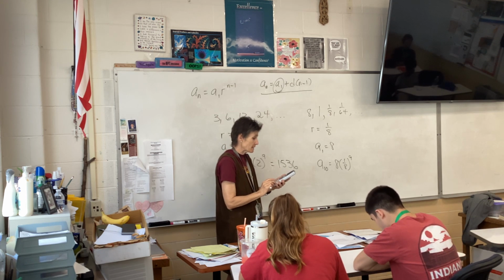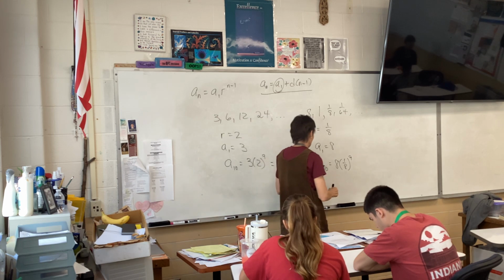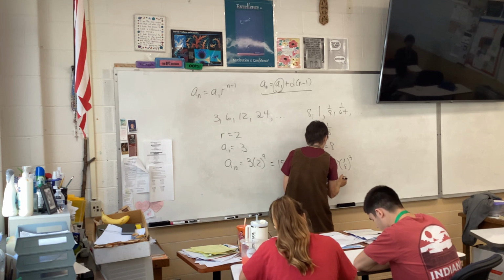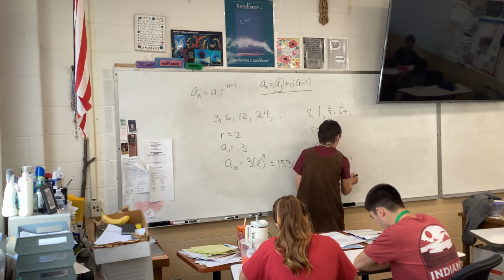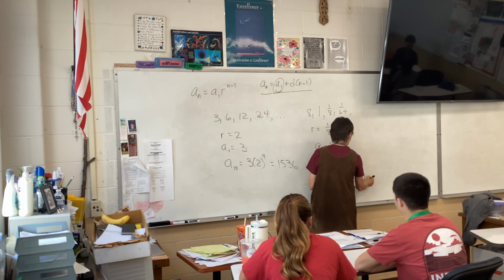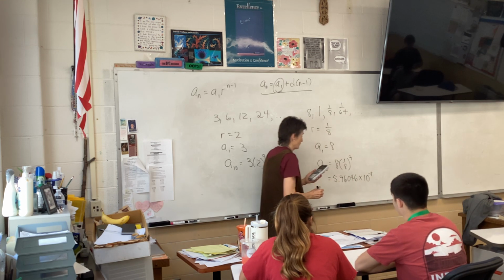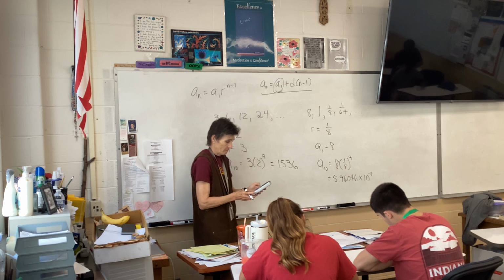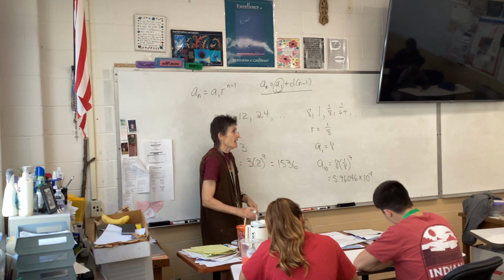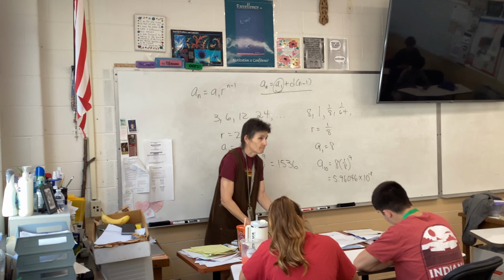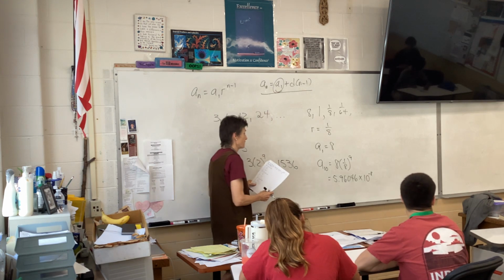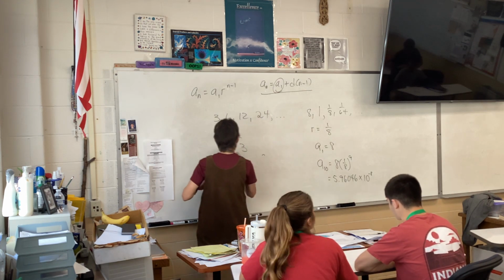Let's make sure everybody can type it in. Yep, this one did. Make sure you get that, because you have to be able to type it in. Perfect. All right, ready, the last one on this page, and then we'll be done.